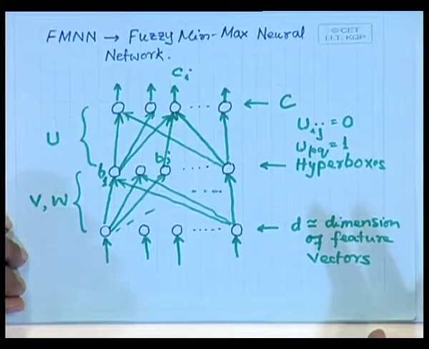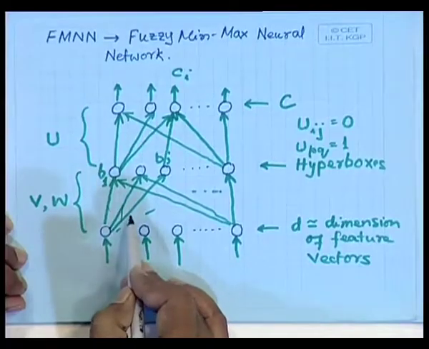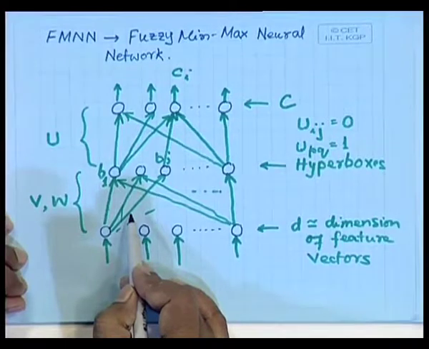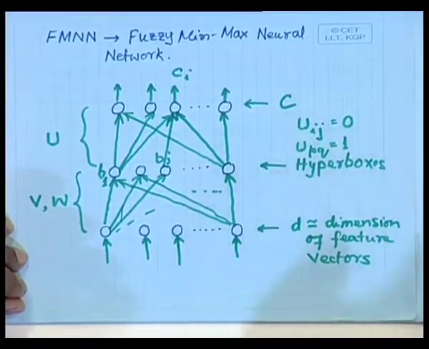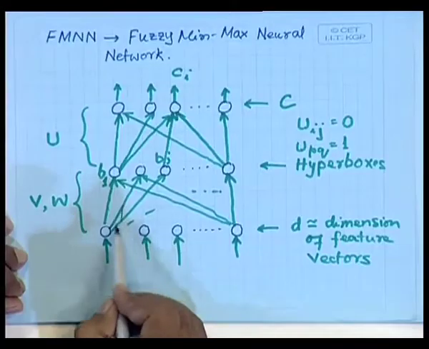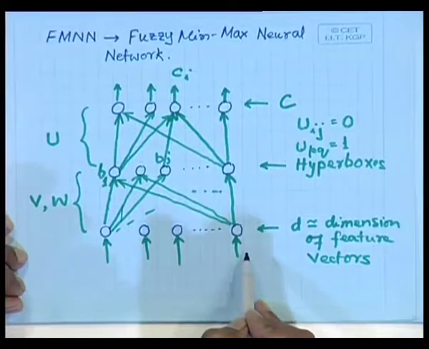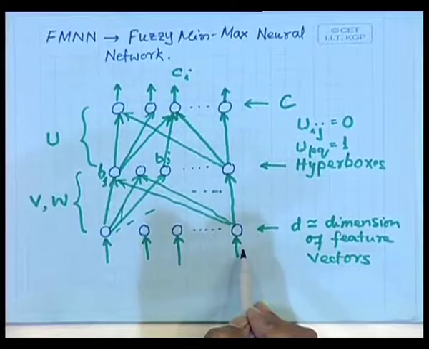Since every hidden layer node is connected to the input layer nodes, it gets A, but how does it get V_j and W_j? That is given in the form of connection weights. Unlike in a single layer or multi-layer perceptron, where we make an unweighted summation of the input feature components, which is a linear equation, here it is not linear.